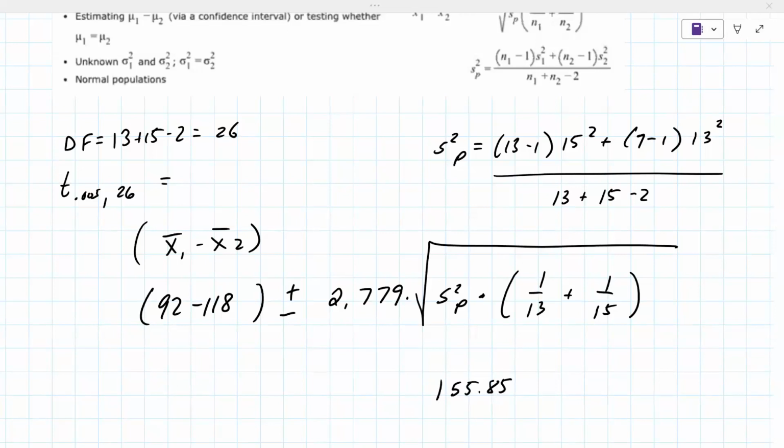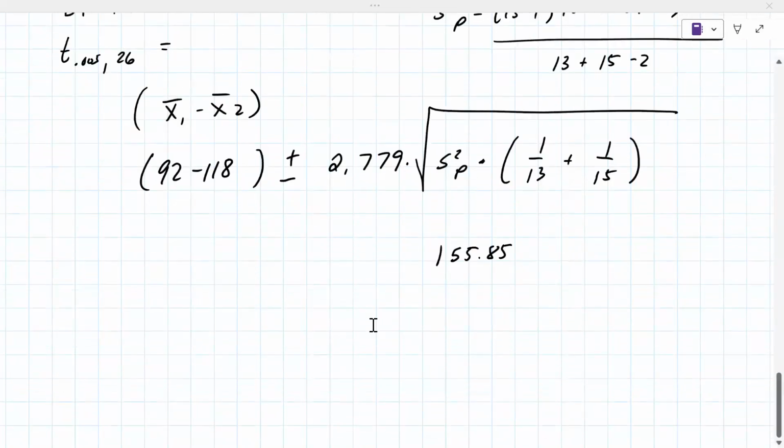That's rounded. And then for the rest of this, I got minus 39 point.